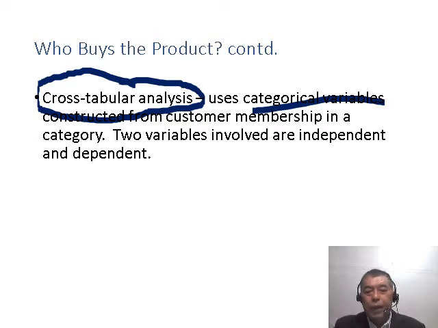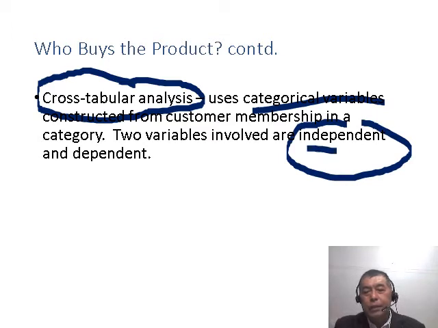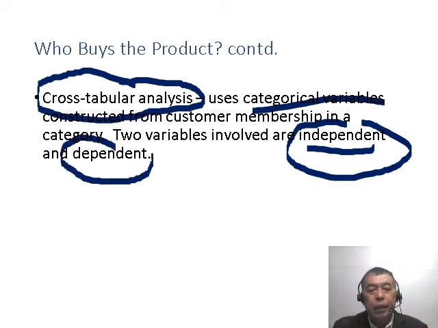So it emphasizes what I mentioned. This is the independent variable, which is the one being manipulated or controlled, and the dependent variable is the result after the manipulation. It is cause and effect.